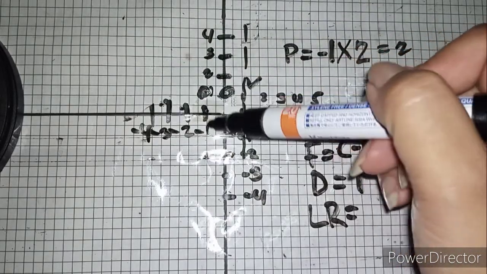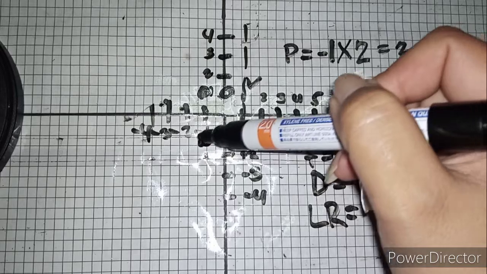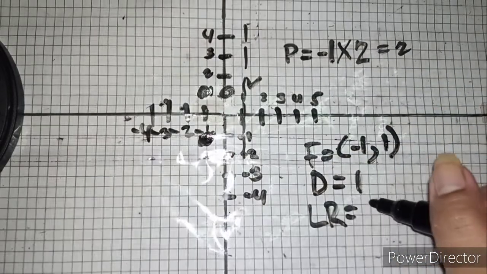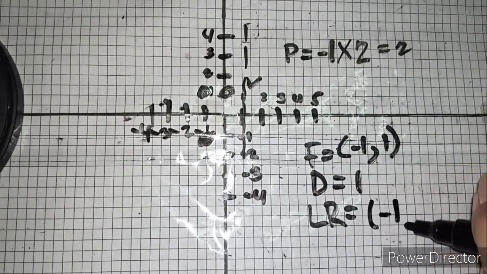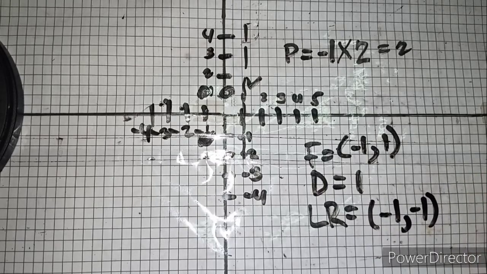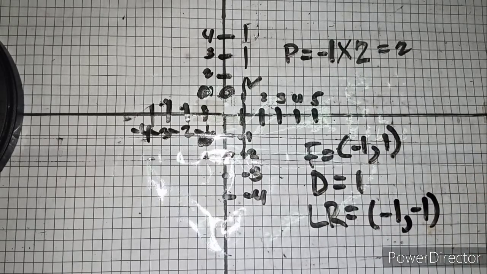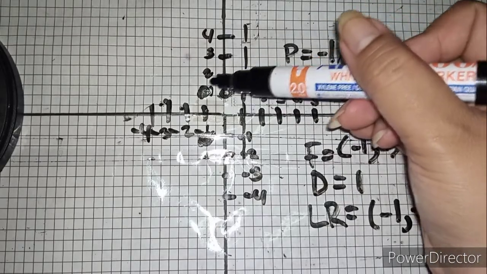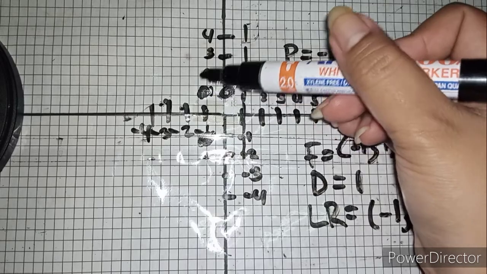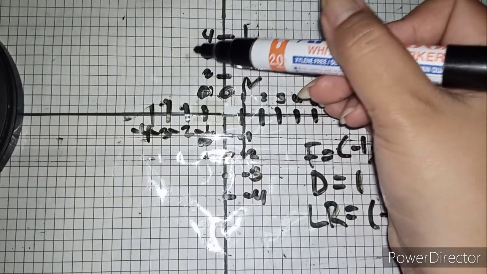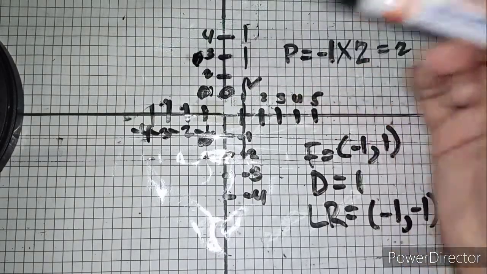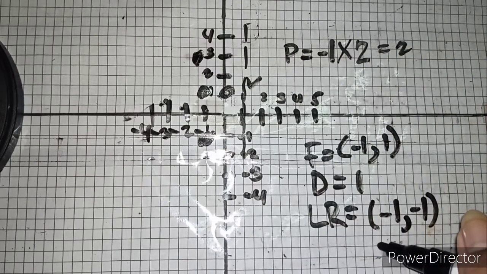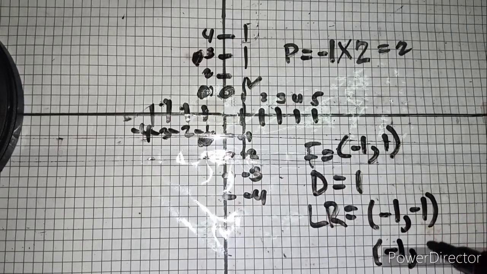So, we have 1, 2. Okay, so nandito siya. Ang first latus rectum natin ay nasa -1, -1. Okay? Then, yung pangalawa naman na latus rectum natin, so from focus ulit, akyat naman tayo. So, we have 1, 2. So, nandito siya. Yung pangalawang latus rectum natin ay nasa -1, positive 3.